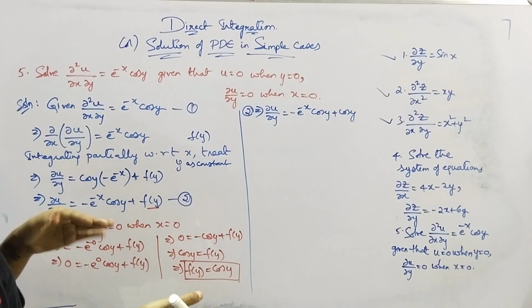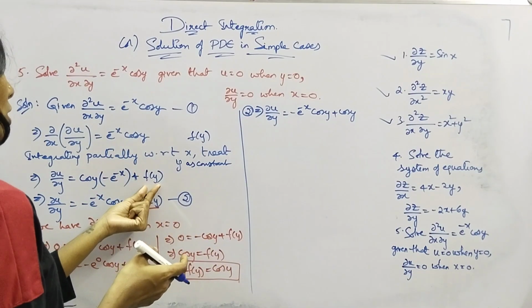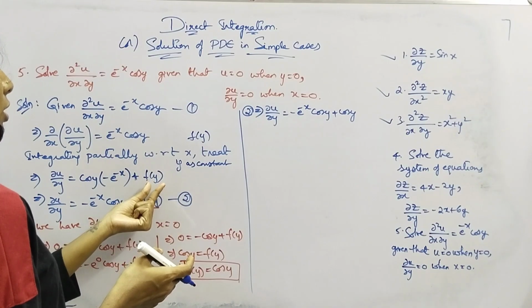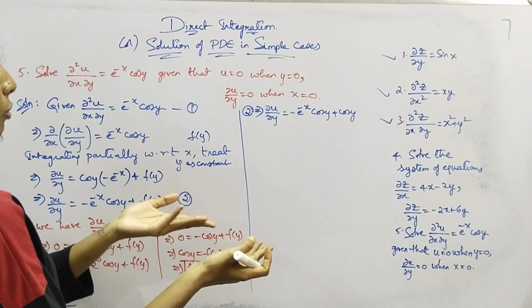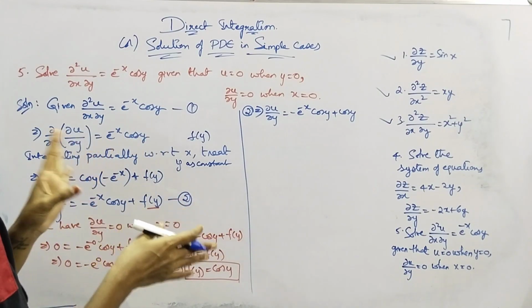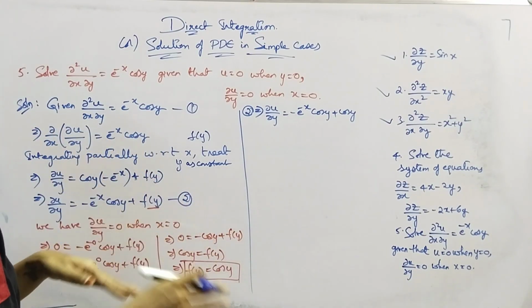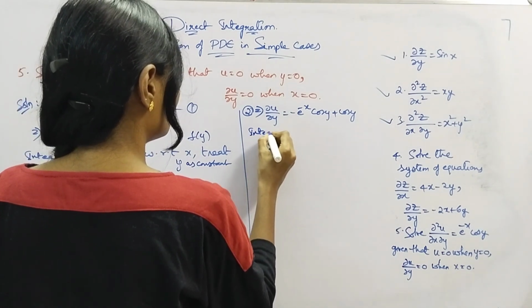There is nothing wrong in it. But few people will write f of x instead of f of y here, and f of y instead of f of x, and you'll get some confusion. So instead of writing the same thing, just change it. Okay, and now let's integrate partially.